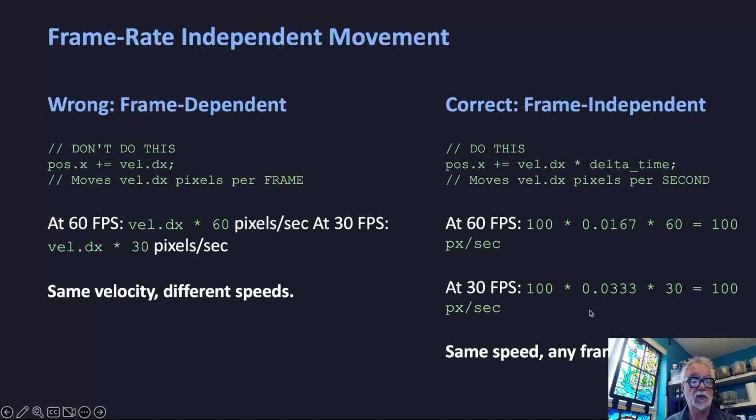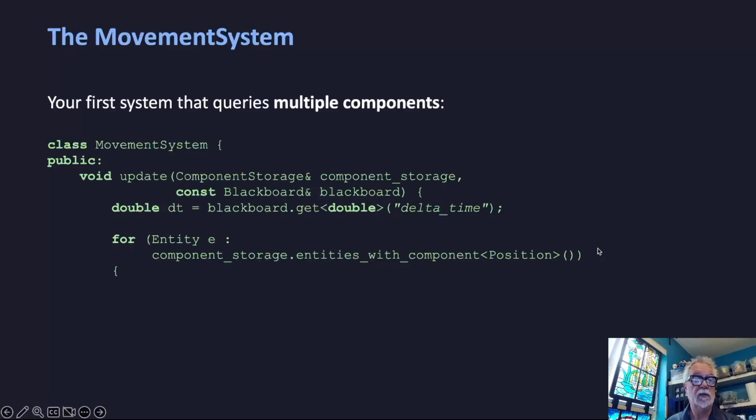And if you do have a situation where your frame rate is for some reason a little bit out of control, this here, because we are getting this from the blackboard and the blackboard is being updated by the timer, then if the last frame for some reason took a long time, then we're going to have a slightly bigger delta time, and that means that the amount of pixels per second is consistent.